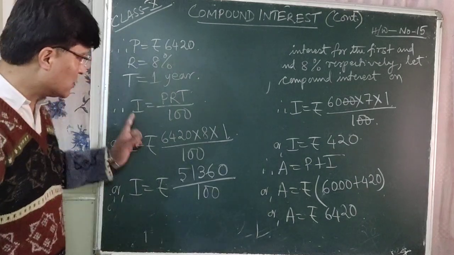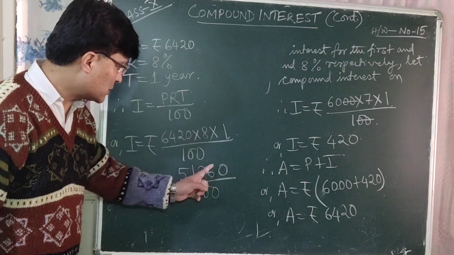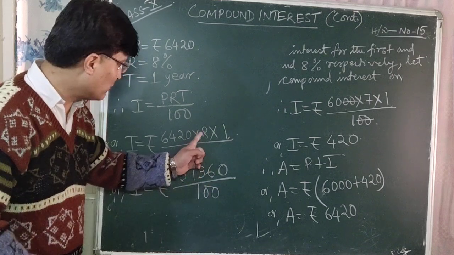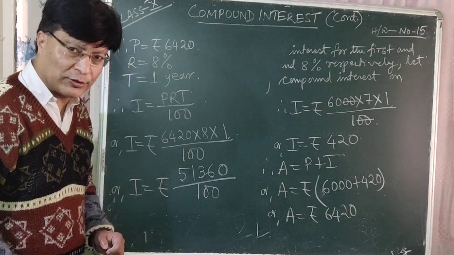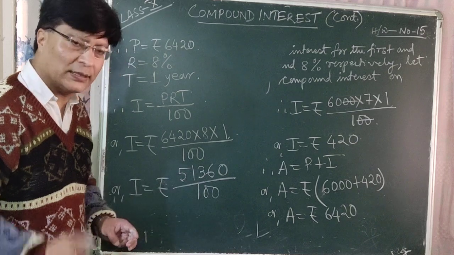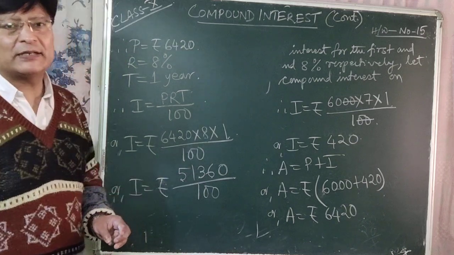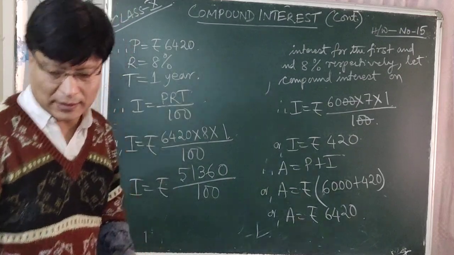Let us check it once again: 8 zeros are 0, 8 twos are 16, 6 carry 1, 8 fours are 32 plus 1 is 33, 8 sixes are 48, plus 3 is 51. So this is the interest.